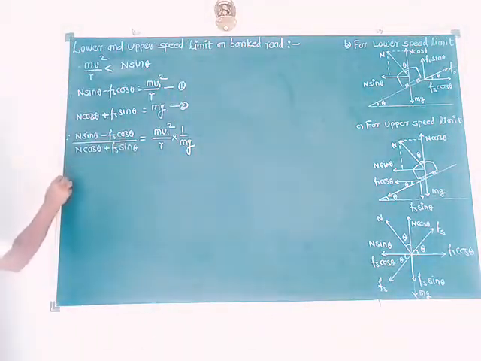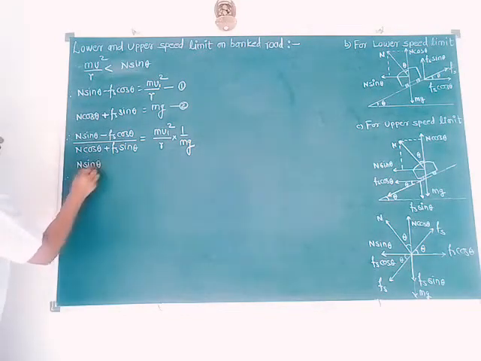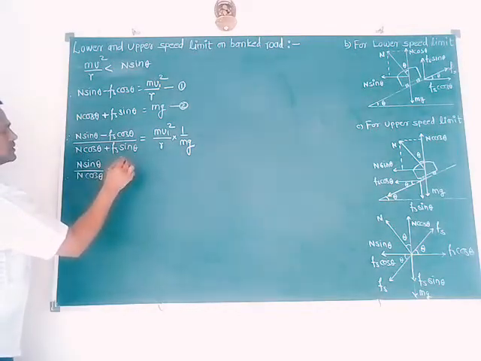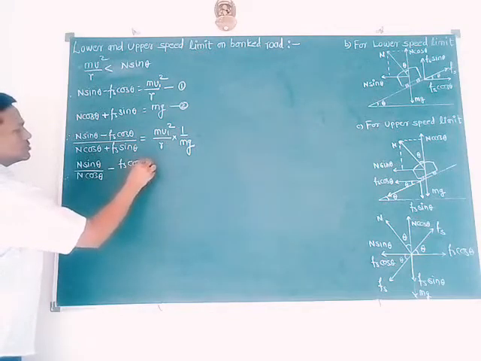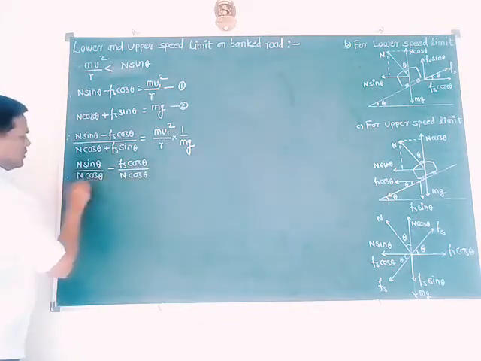So see here carefully, n sin of theta divided by n cos of theta, minus Fs cos of theta divided by n cos theta.